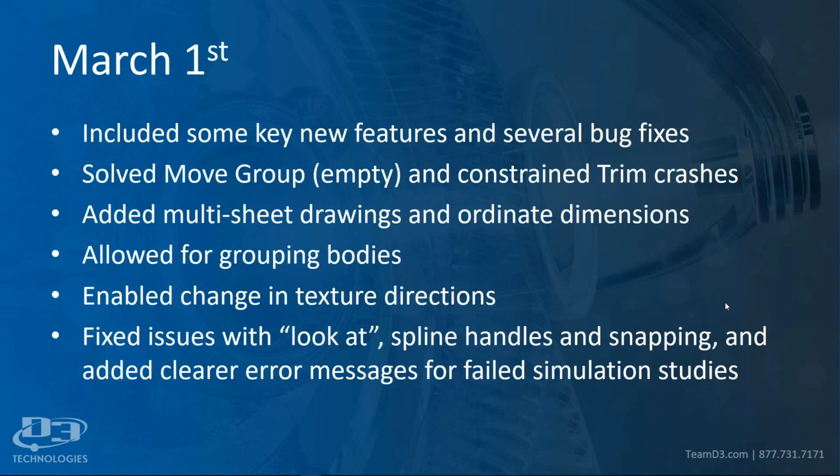So that's great. A lot of things you'd expect, but once again, Fusion is clay that is constantly being shaped. They added ordinate dimensions. For those who are unfamiliar with that, that's essentially having an origin and then dimensioning out all your features on your part or model based on that origin.